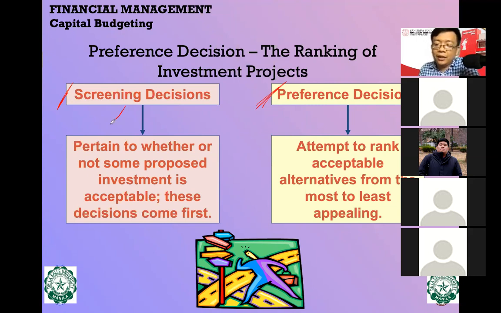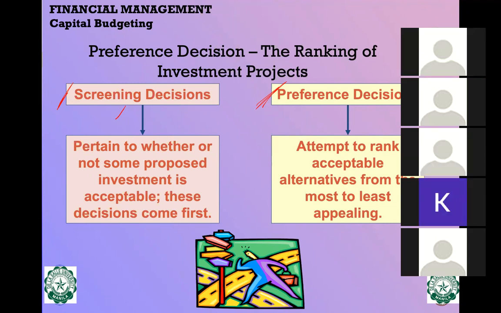Let's say ang daming binibigay ng mga projects sa inyo, pero hindi naman acceptable, hindi naman worthy of funding, correct? And after that, your capital budgeting decision is to attempt to rank which alternative, or which basis of computing your capital investment decision.